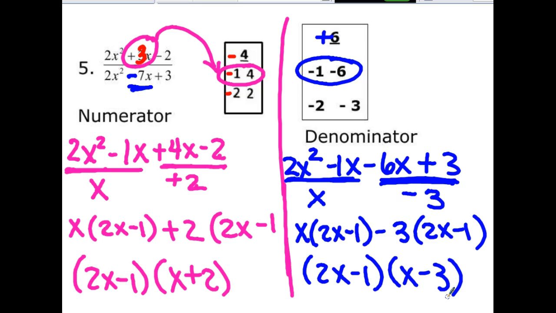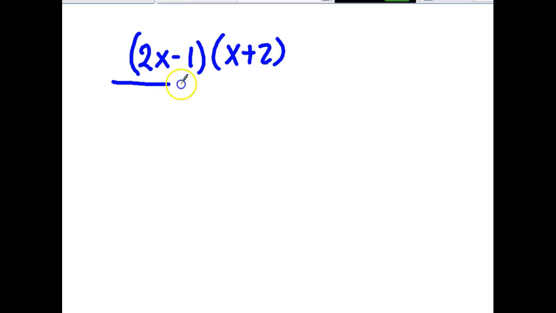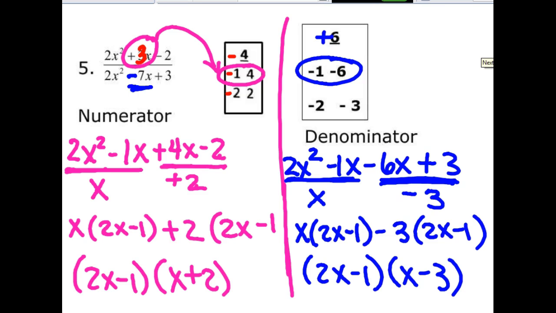Okay, all that work to factor it, now I have to put it back together as a fraction. 2x squared minus 1x plus 2. That's what I had on the numerator side, correct? 2x and x minus 3.